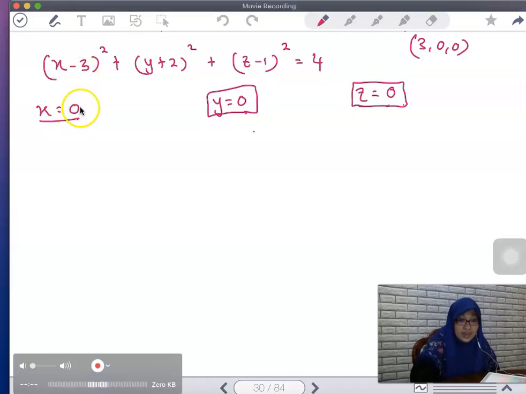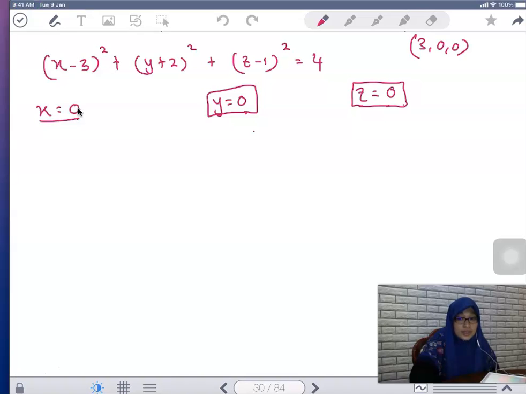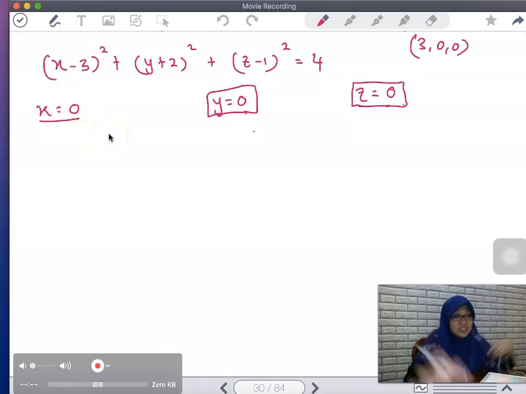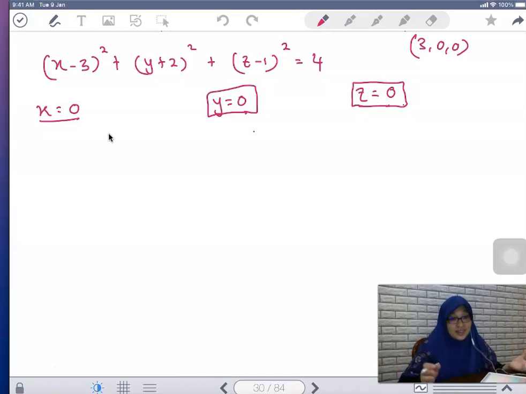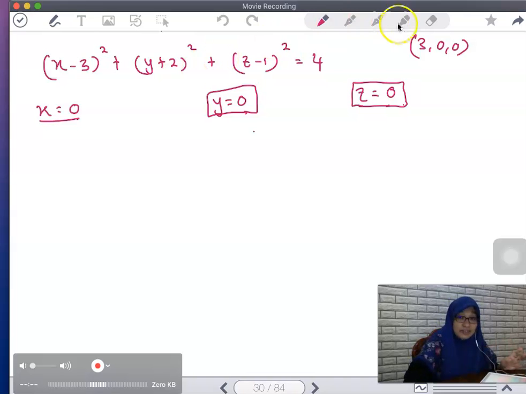So you cannot set x equal to 0. If you set x equal to 0, your sketching gets nothing, and you cannot join them all together. You can try x equal to 0, but when you combine them, the sketching is not in the correct order. Because x is shifted to 3, here you have to choose x equal to 3.